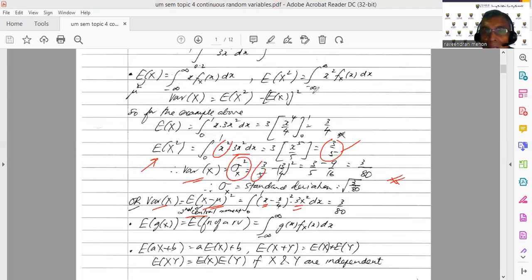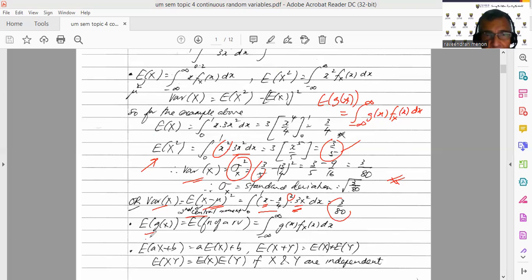Remember, the expected value of g of x would be what? Minus infinity to infinity, g of x, f of x, dx. That's what we're using here. Don't forget there's a squared here, and this is your PDF. Go and clean it up, and you'll get 3/80.